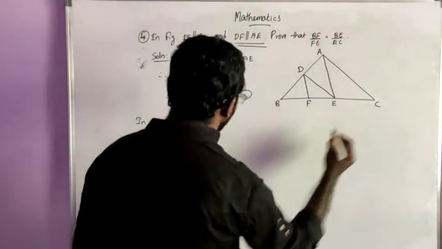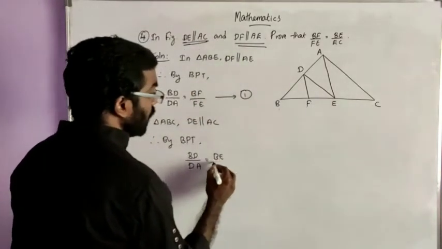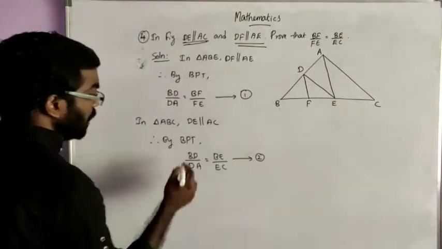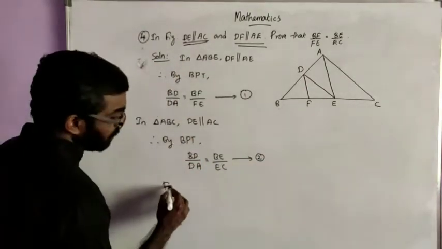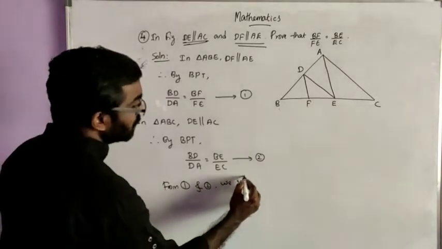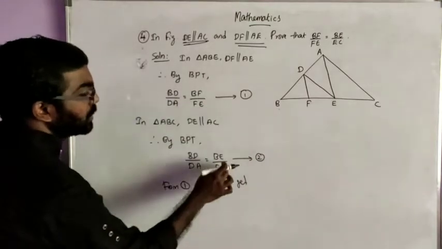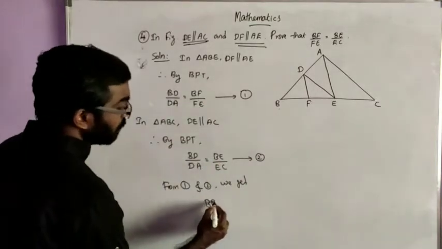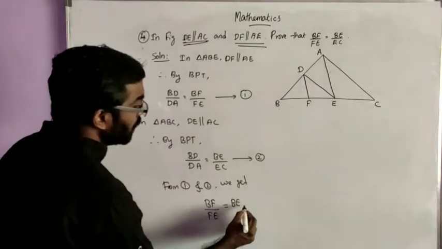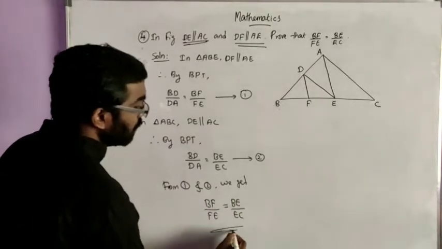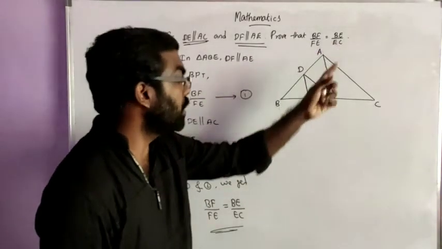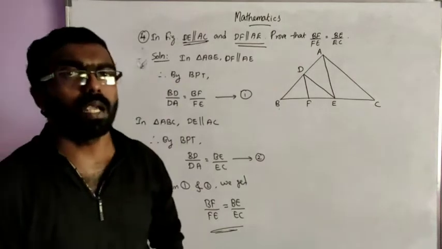BE by EC. Take it as equation number 2. So compare the equations 1 and 2. So from 1 and 2 we get, here LHS is same, so RHS is also same. BF by FE is equal to BE by EC. Okay, that we have to prove. BF by FE is equal to BE by EC. Okay, clear?